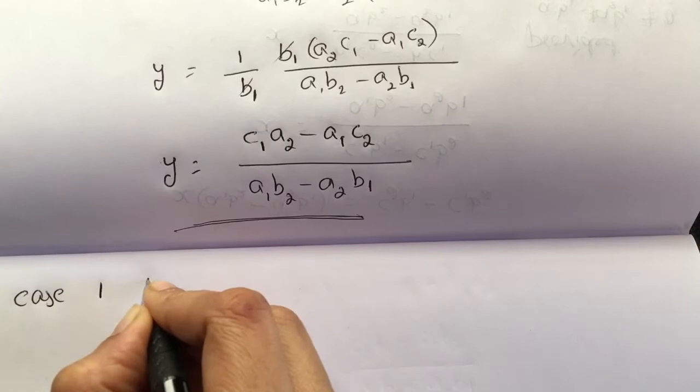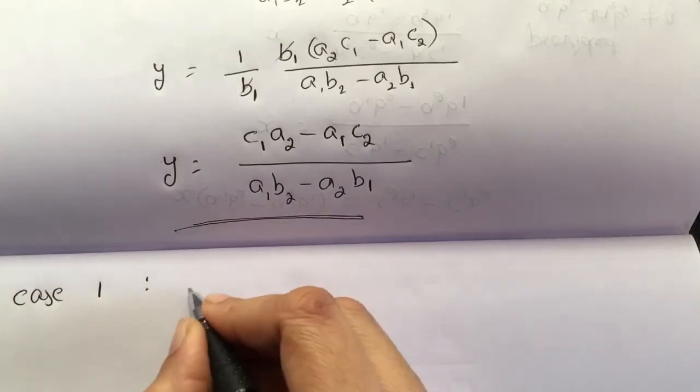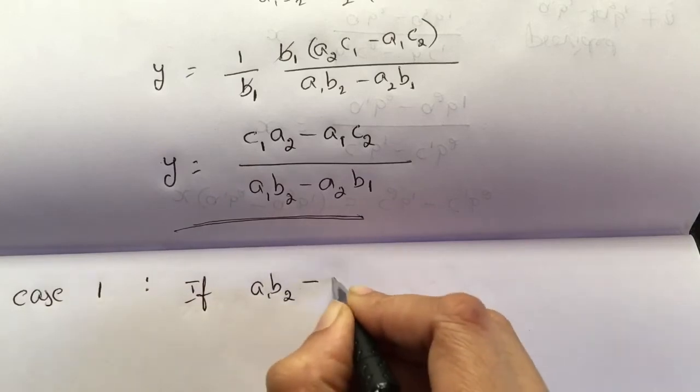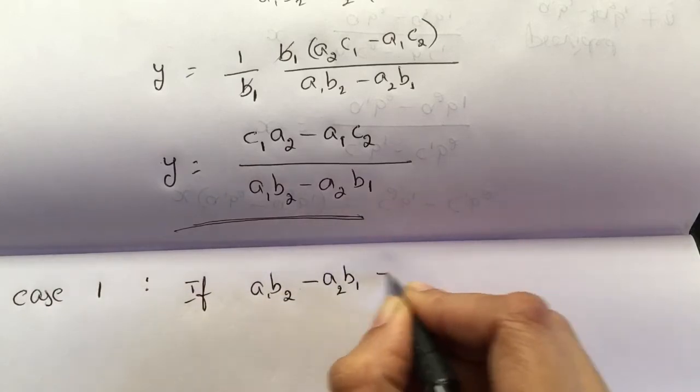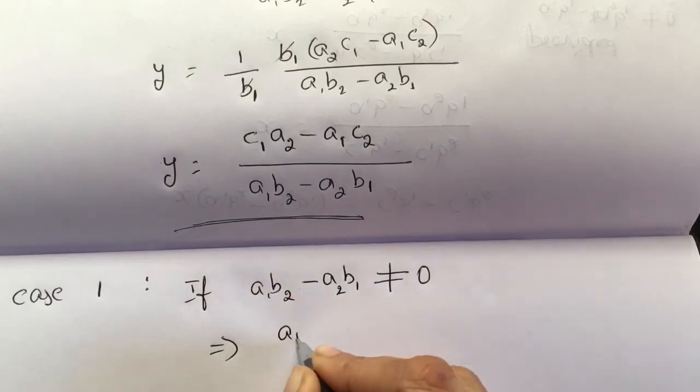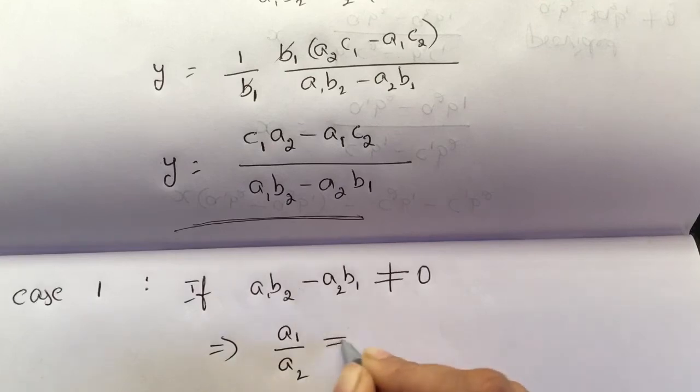Case 1, that is if you are getting A1 B2 minus A2 B1 not equal to 0. In this case, it just implies that A1 by A2 is not equal to B1 by B2.